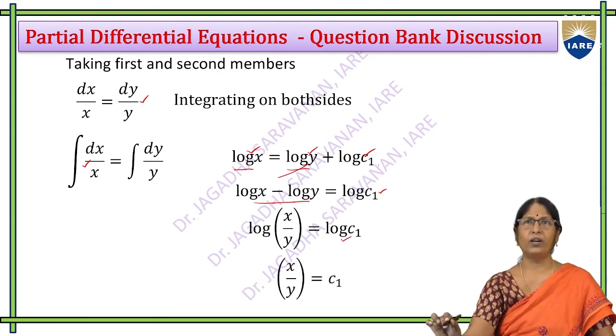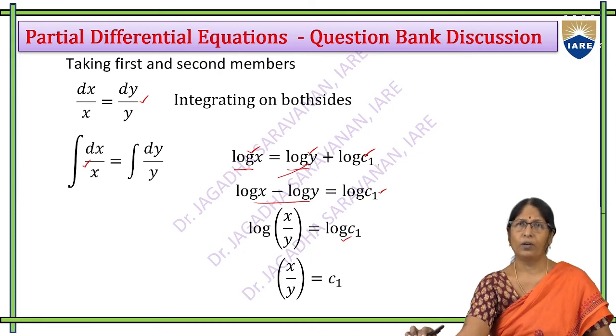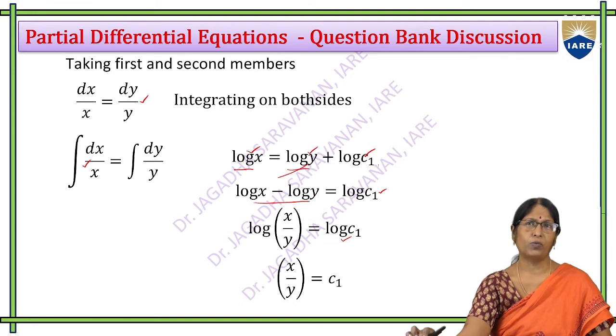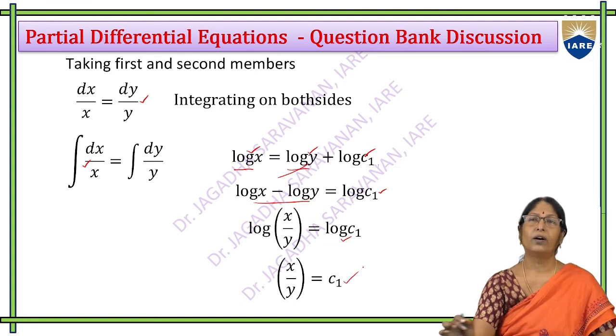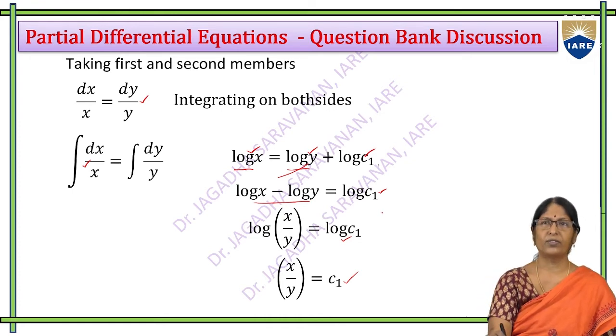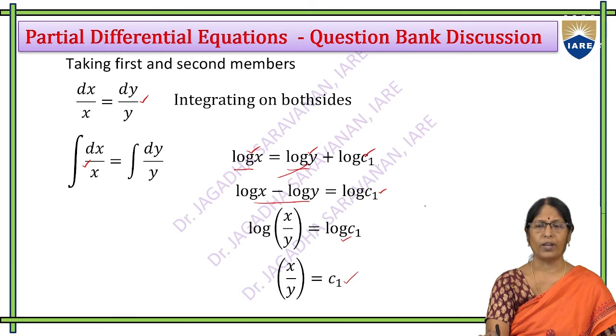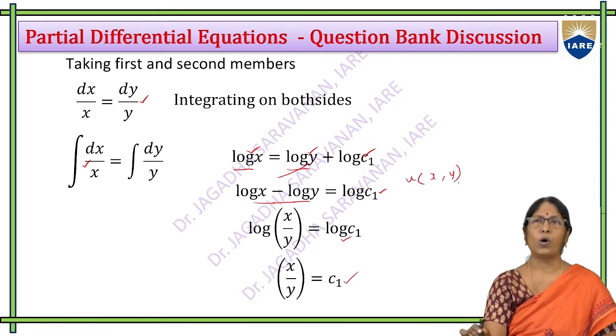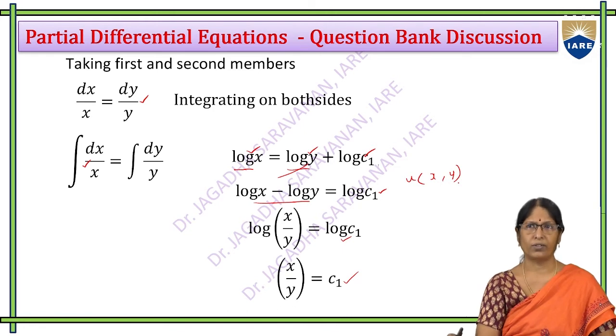So now here, what is the concept? We obtained the 3 members. Among the three members, we have taken the first and second one's result. We obtained it. That is the first and second, by default, we can write it u of x comma y, which is equal to constant.